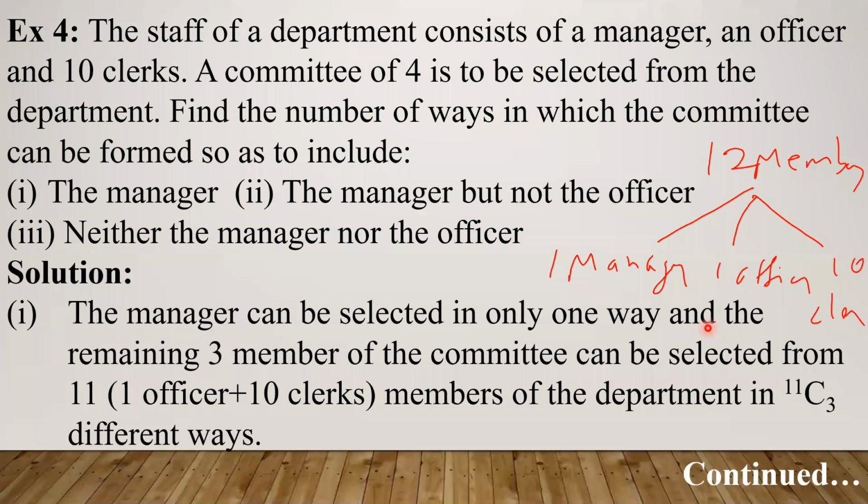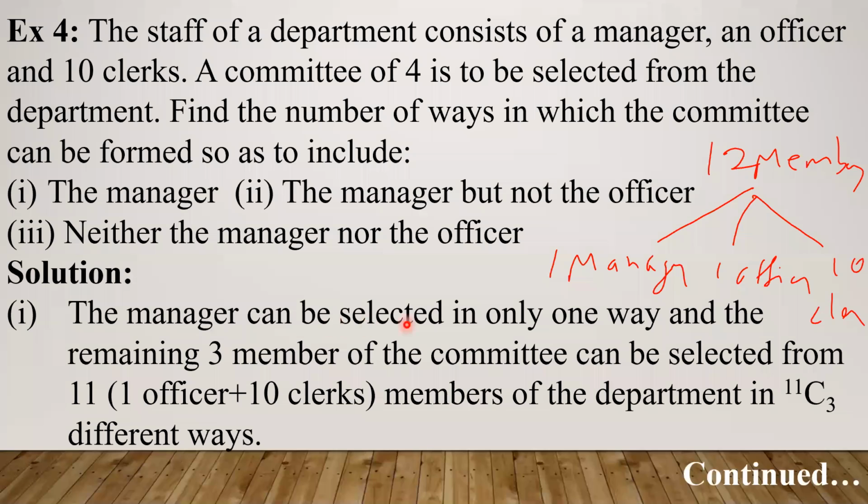Now the remaining 3 members of the committee, out of 4, one is manager. The remaining 3 members will be selected from the remaining members. 10 are clerks and 1 is officer, so 11 members.